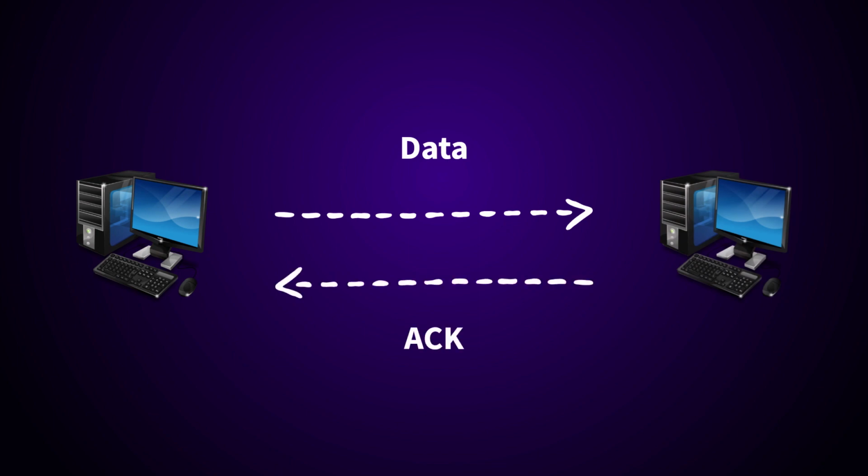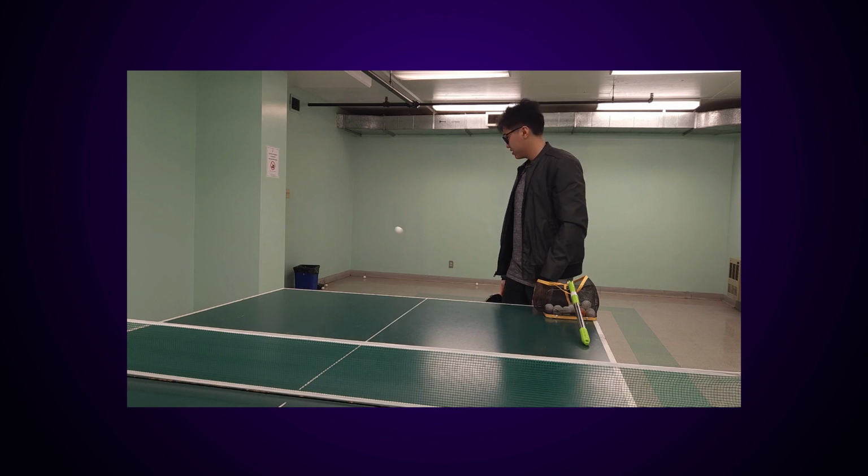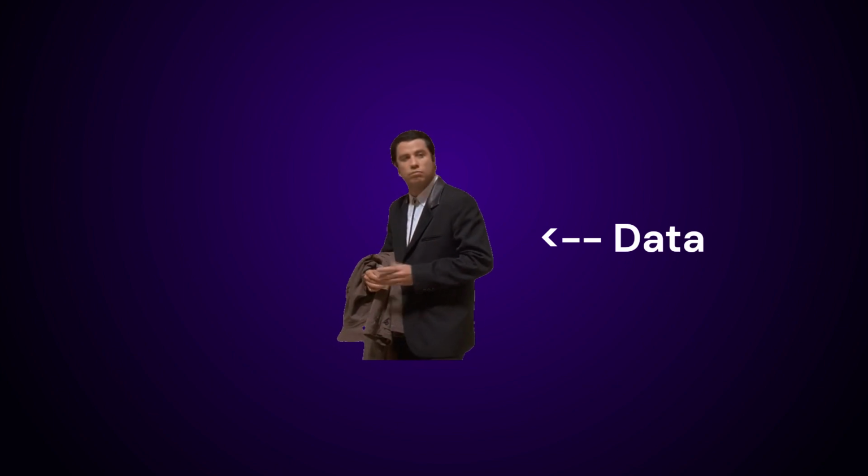Similarly, when the coach feeds a ball to the player, he expects the player to return the ball. If the sender does not receive the acknowledgement within a certain period of time, known as the timeout, the sender will assume the data is lost during transmission and will retransmit the data.